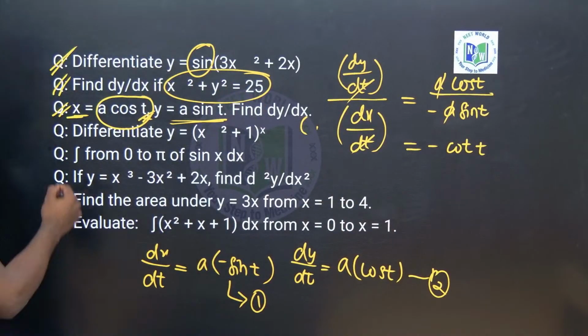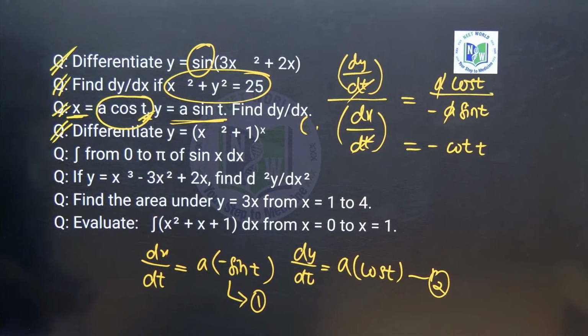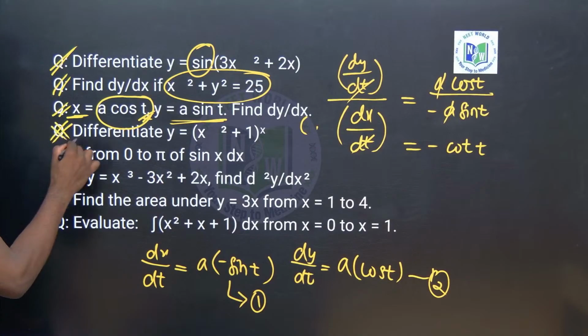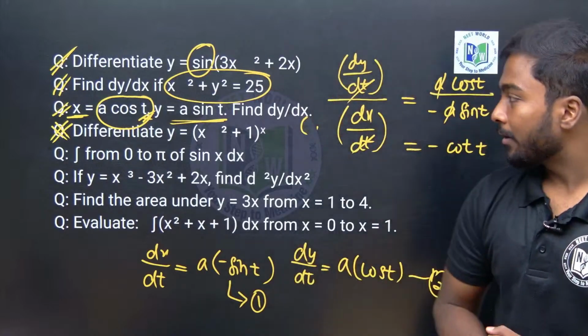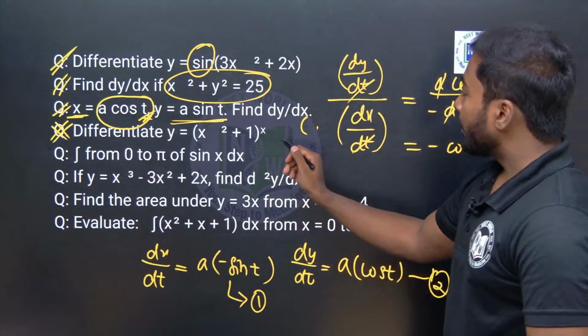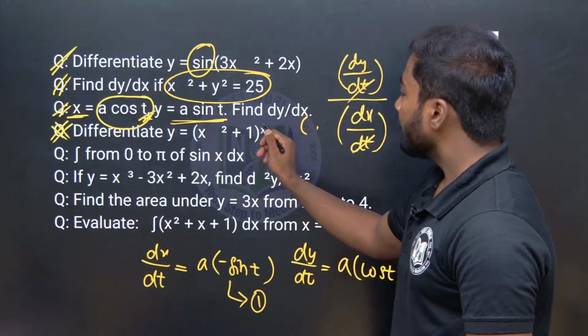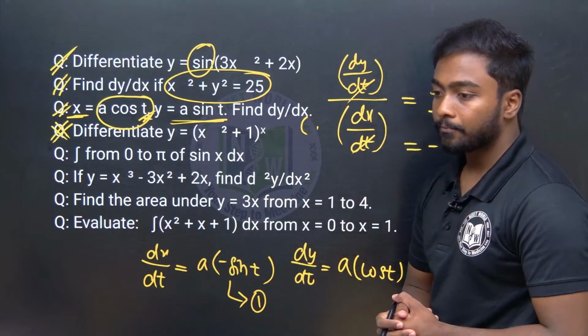Okay. Now do the fourth question. Differentiate y = (x square plus 1) power x. I told you when power x is given, apply log on both sides. Understood?